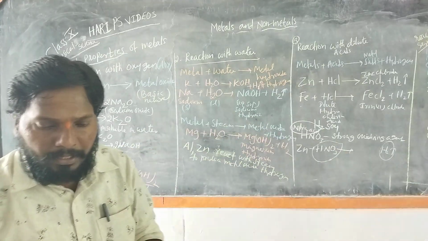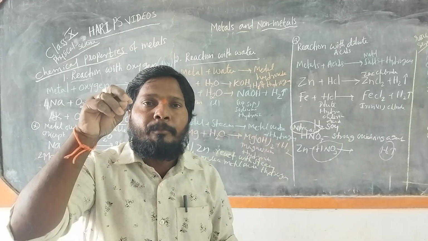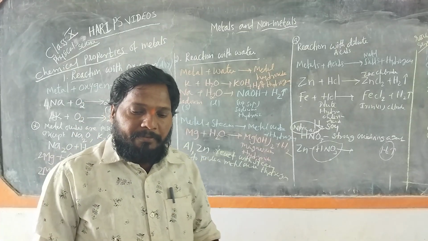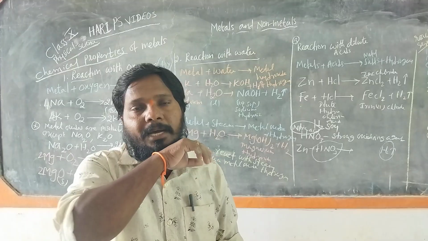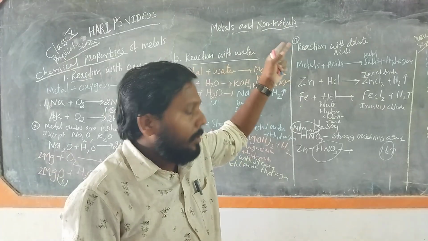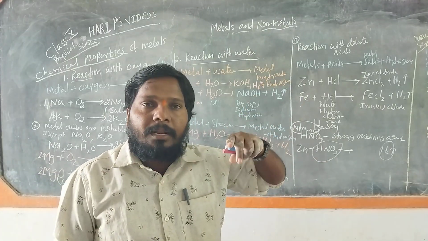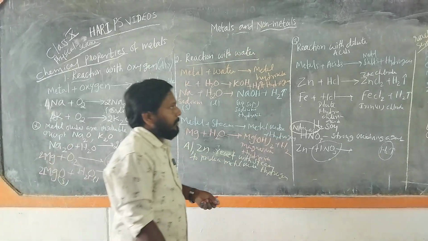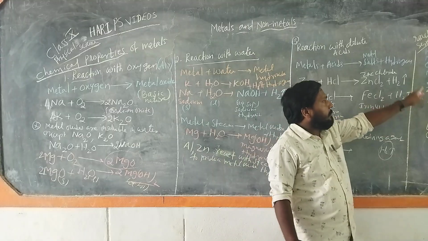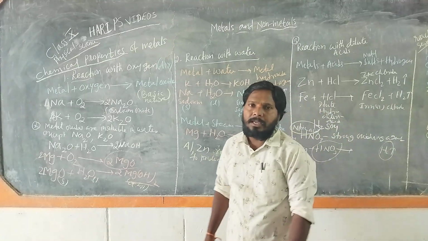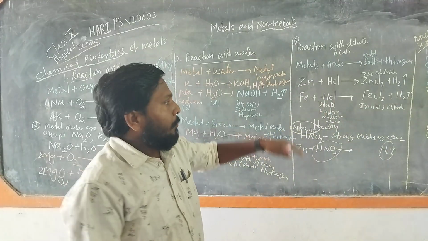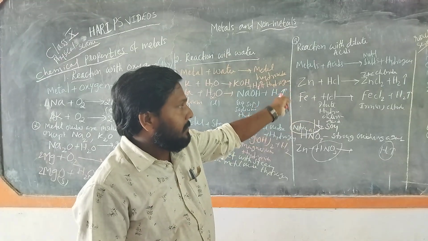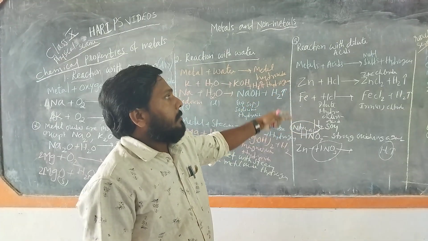The arrangement of metals in a vertical column in the order of decreasing reactivity is called the reactivity series.